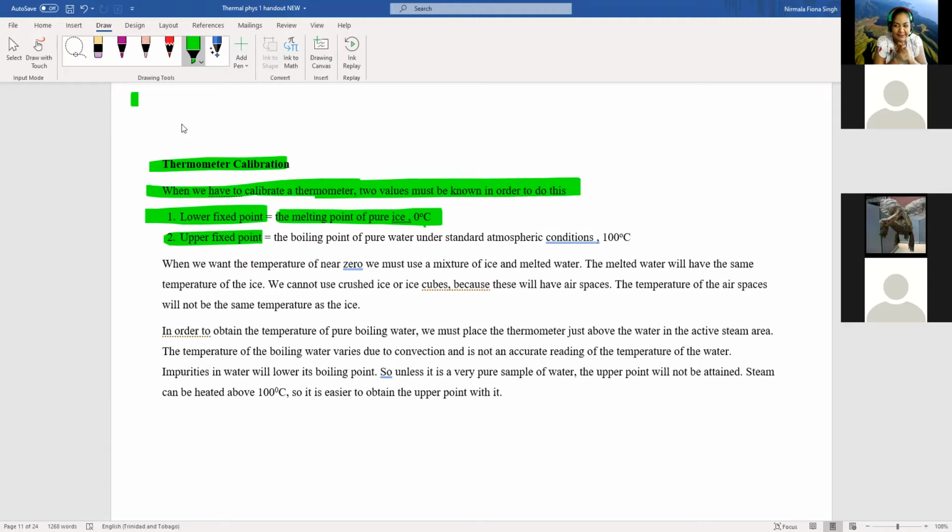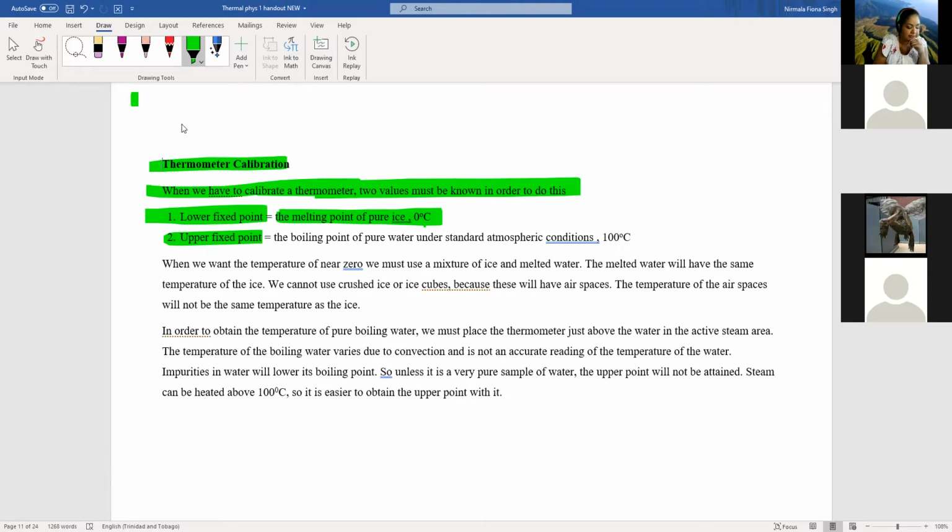Remember, you went through this in the lab, right? That water has impurities. Pure water only has H2O, nothing else. No dissolved gases, no electrolytes, no dissolved minerals, no salts, nothing in them. So pure ice or pure water freezes at 0 degrees Celsius and it melts at 0 degrees Celsius. If it has any sorts of impurities, it will not melt and freeze at 0 degrees Celsius. Close, but it will not.